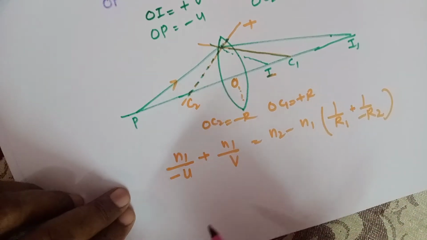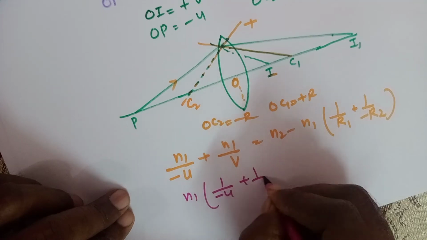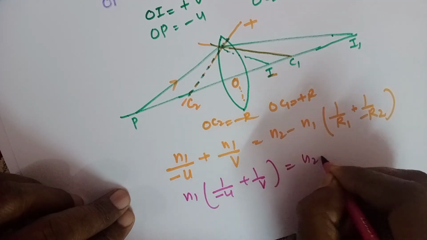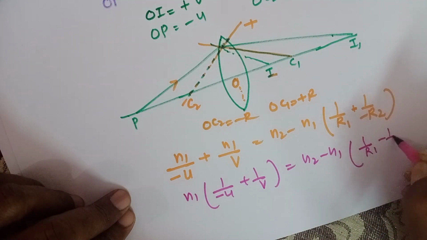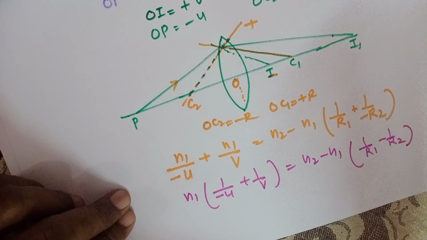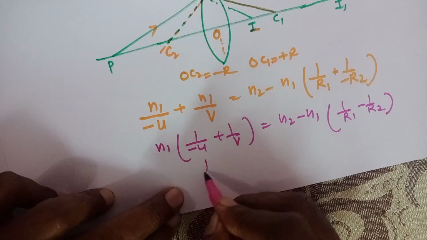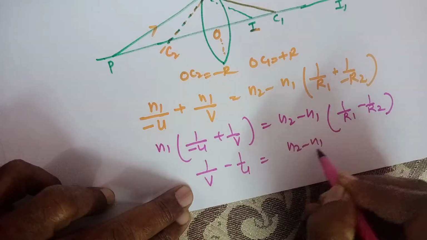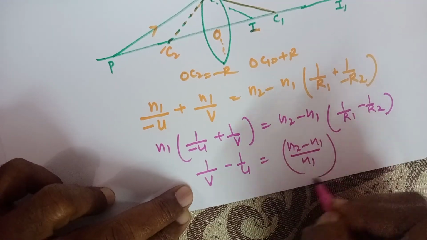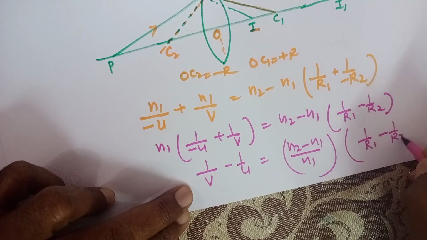Then we can solve, taking N1 common: 1 by minus U plus 1 by V equals N2 minus N1 by N1 times 1 by R1 minus 1 by R2. Or we can write it as 1 upon V minus 1 upon U equals N2 minus N1 by N1 times 1 by R1 minus 1 by R2.